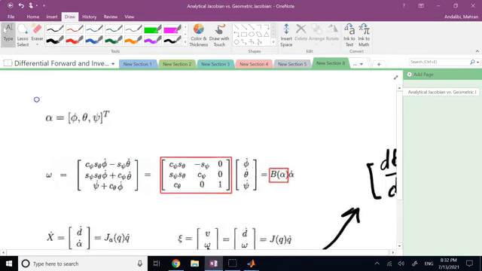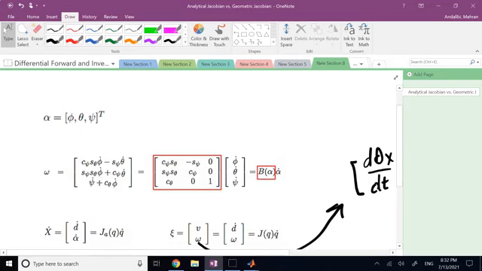If you remember, in one of our previous videos, I showed you, if I know the Euler angles, how can I get the angular velocity of the end-effector in the inertial frame, if I know my Euler angles and their time derivatives, phi dot, theta dot, and psi dot. How can I find my omega of the end-effector in inertial frame?